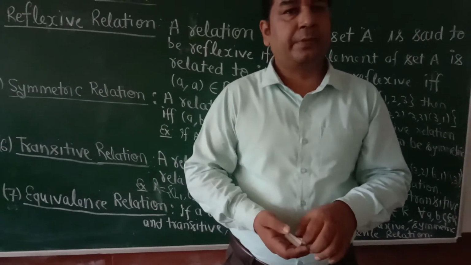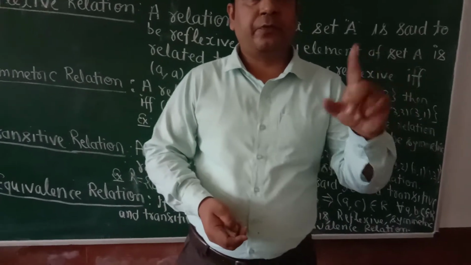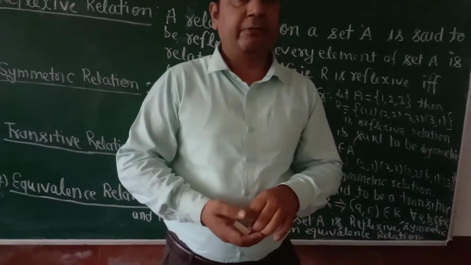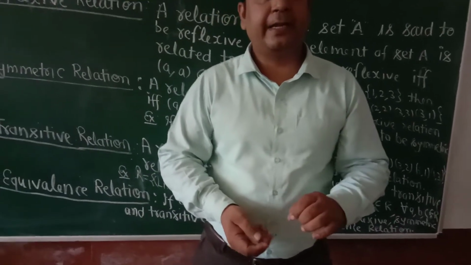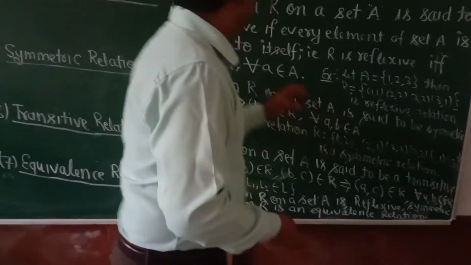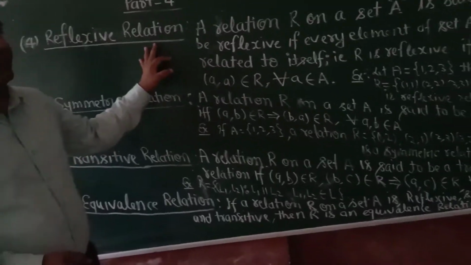In the previous session, we already explained three types: first, void relation; second, universal relation; and third, identity relation. Now, the fourth relation is reflexive relation.